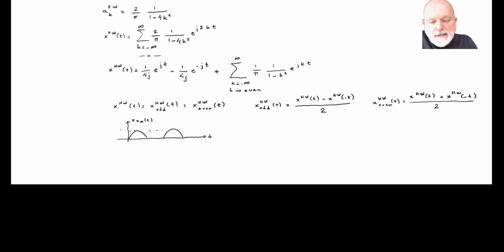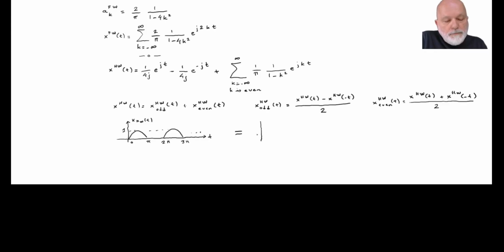Okay, the amplitude is 1 from 0 to pi, from 2 pi to 3 pi, etc. So this is the sum of the odd part and the even part. Now the odd part is nothing but 1 over 2 sine t.